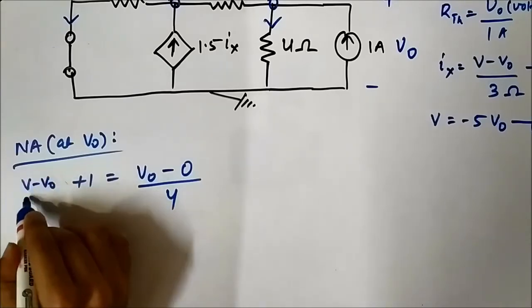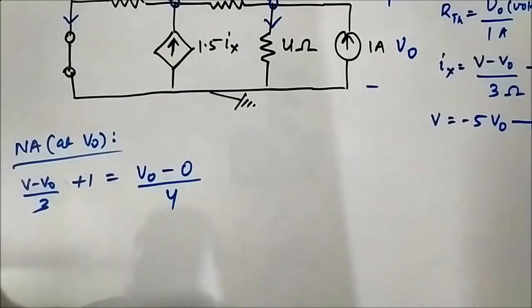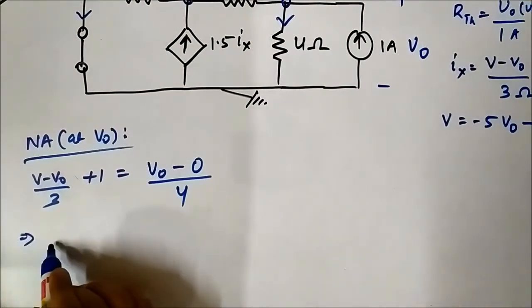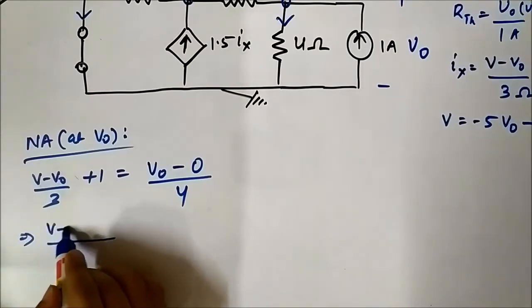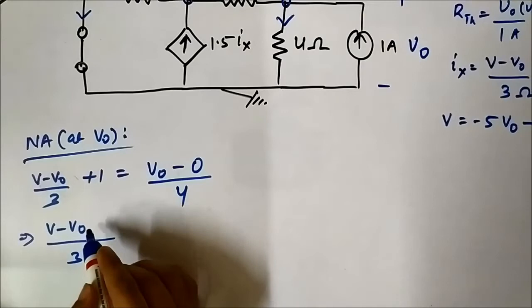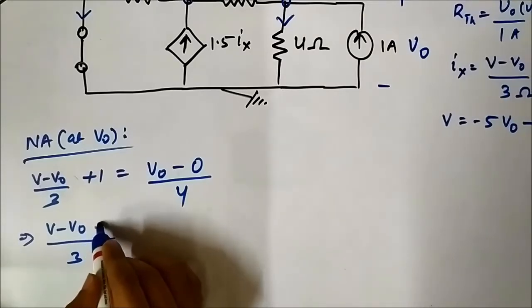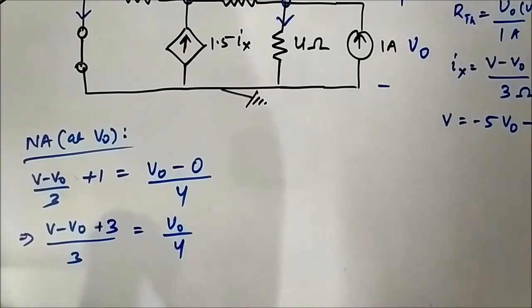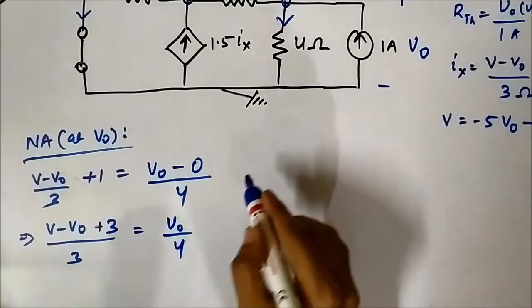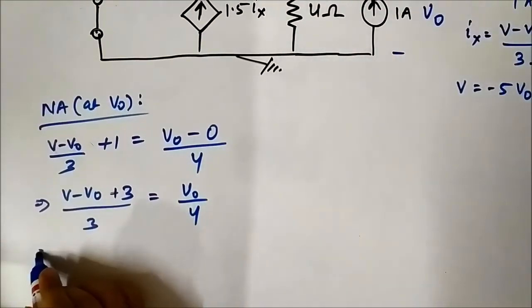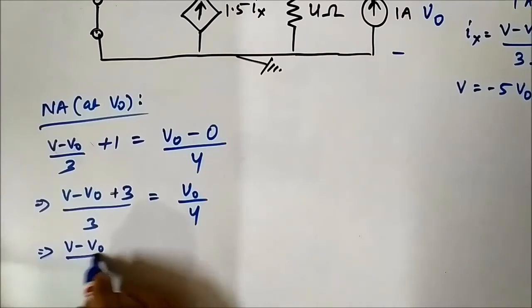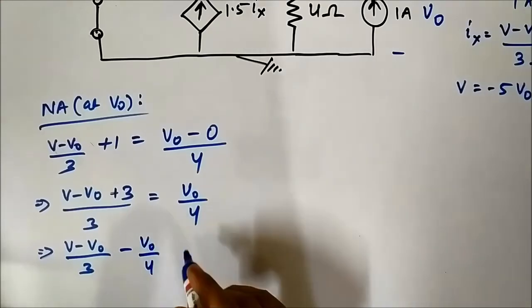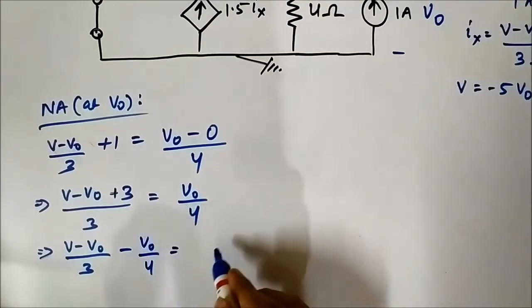Now, taking the LCM, 3(V minus V0) plus 3 is equal to V0 by 4, or we can write it as (V minus V0) by 3 minus V0 by 4 is equal to minus 1.